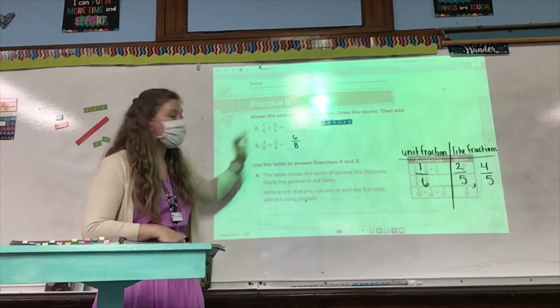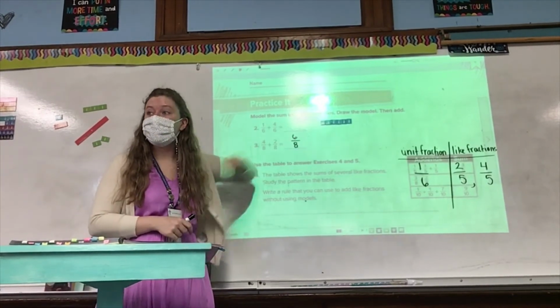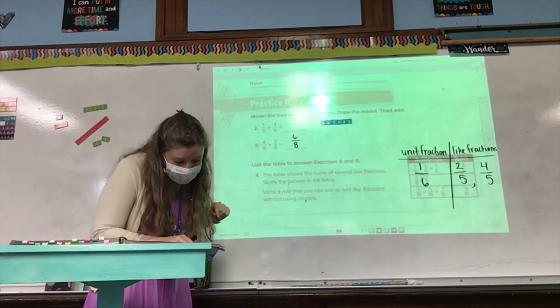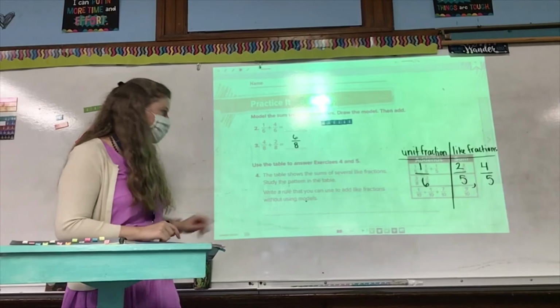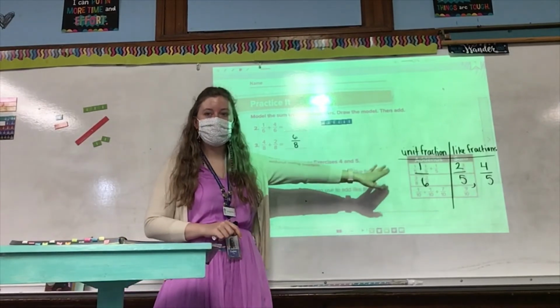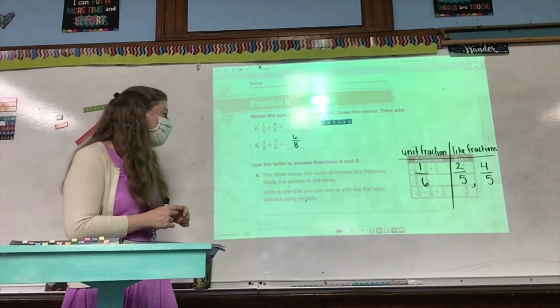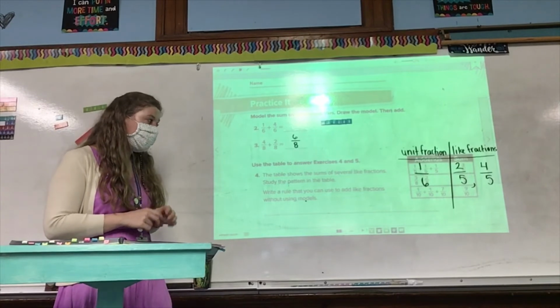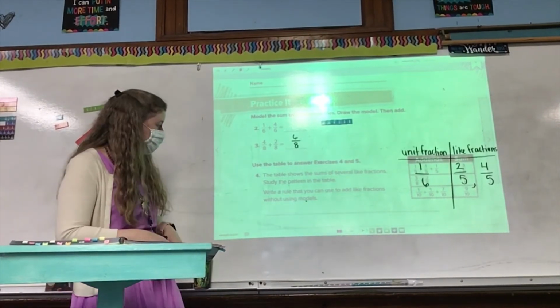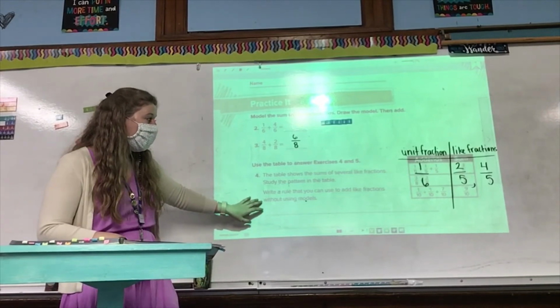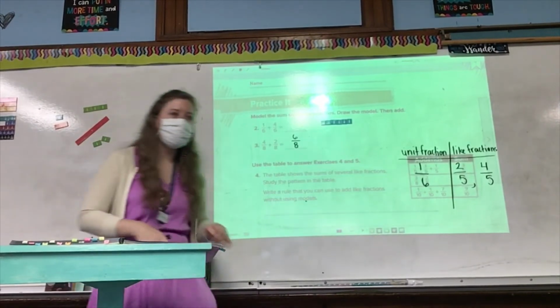So, of course, number 2, you're doing the same thing. I need to see you using the fraction tiles. Number 4, you're using this table. It's kind of covered up by our little table that we created, but you can see it on your page. You're using it to answer numbers 4 and 5. Number 4 asks you about a rule.